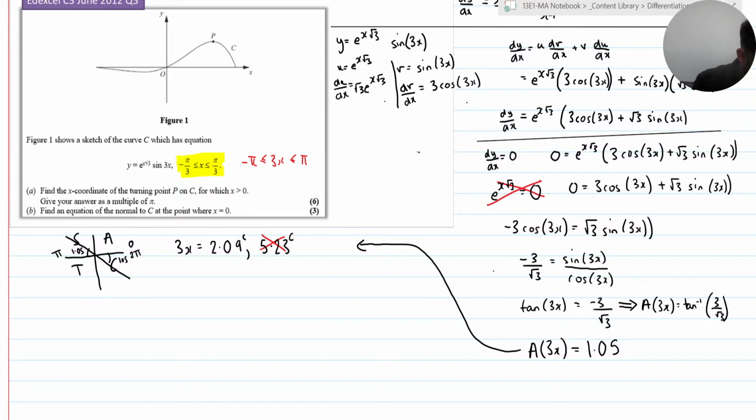So shift tan to the minus 1 of 3 over root 3, which I should have written as pi over 3.